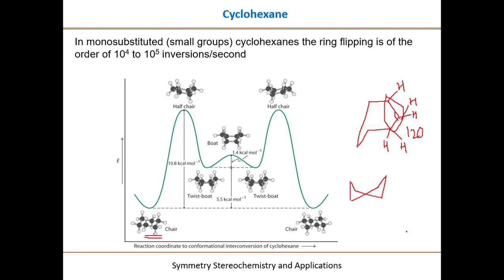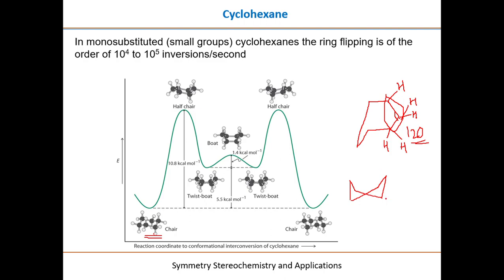Here you can see the energy will be less compared to the half chair, because here the angle strain is not that much. In the half chair we observed a 120-degree angle between the two carbons, but in this twist boat it is not there. So that's why it is more stable compared to the half chair.